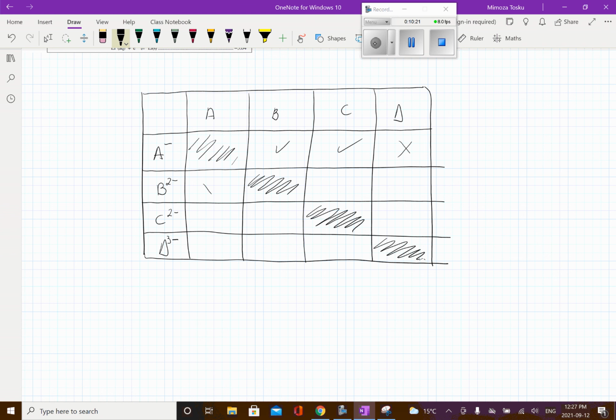And so this cross means that there is no evidence of a reaction, but there is evidence of a reaction when there is a check mark.